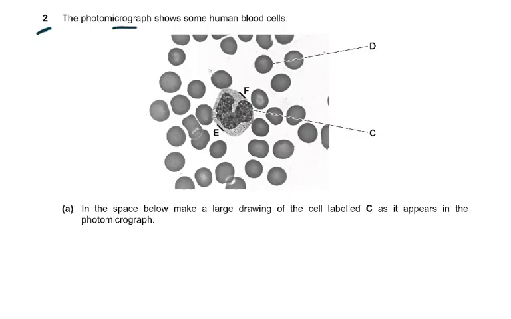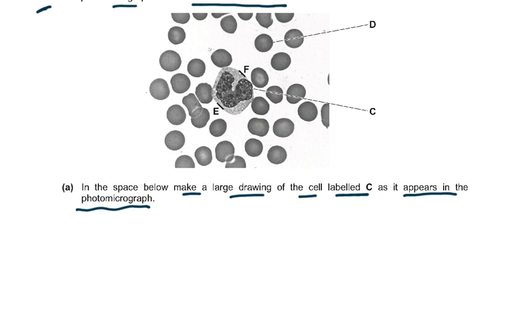Question 2. The photomicrograph shows some human blood cells. We have some labeling C, D, E, and F. In the space below, make a large drawing of the cell labeled C as it appears in the photomicrograph. So basically, I always say you just imagine as if you are tracing it out.